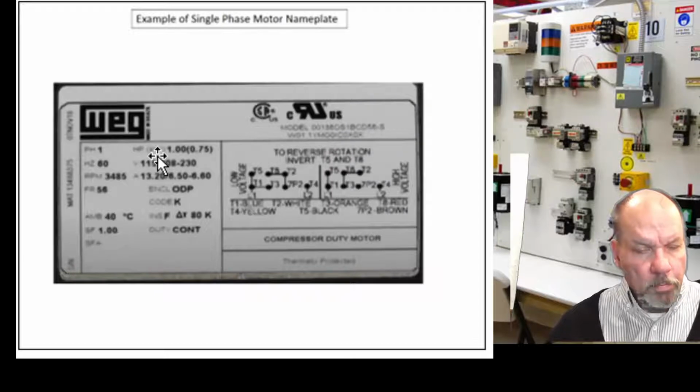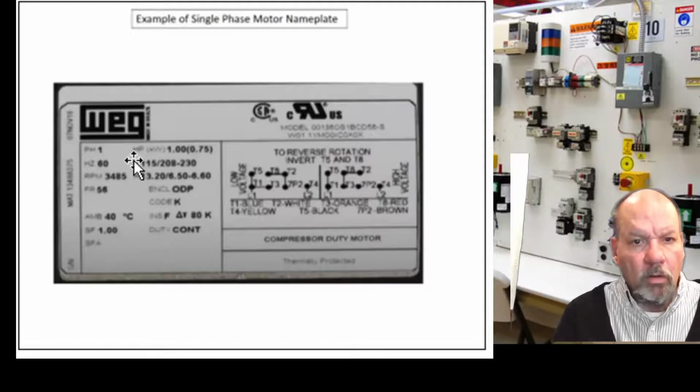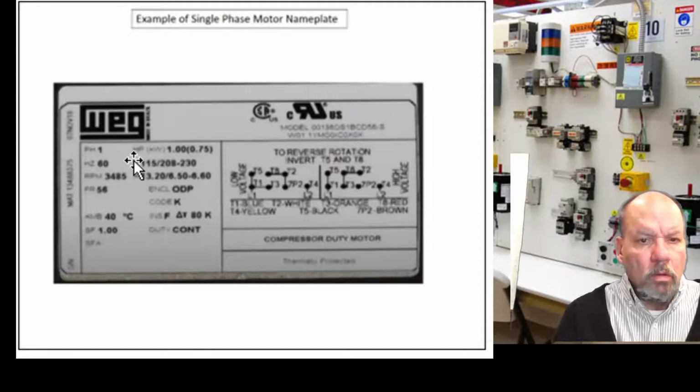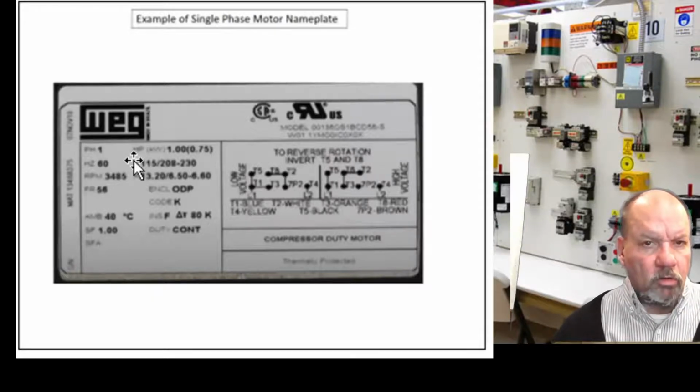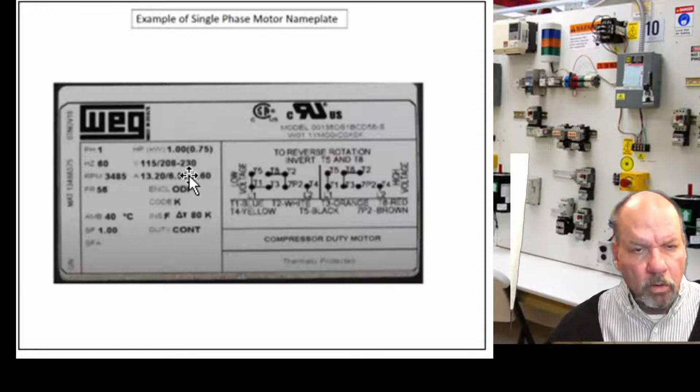This is a 1 horsepower motor. If you remember from our previous topic on power, power is equal to voltage times current, which are watts. This is 750 watts, or in this case, 3/4 of a kilowatt.